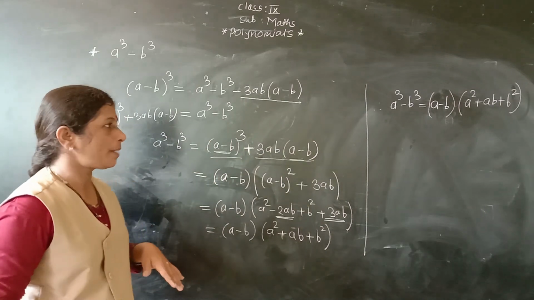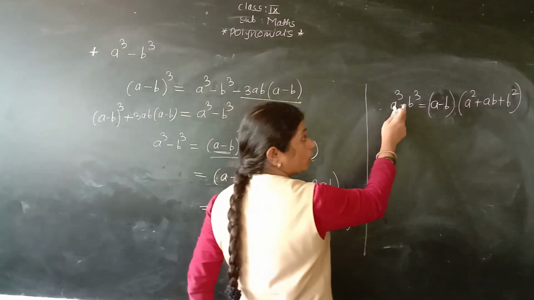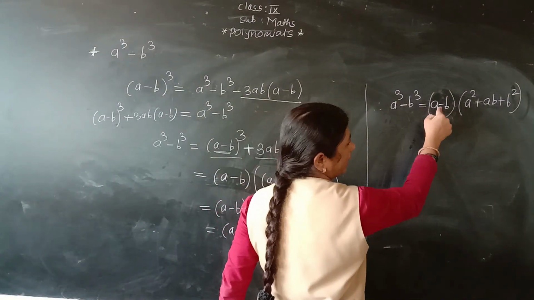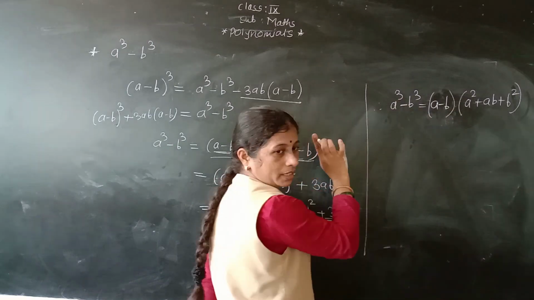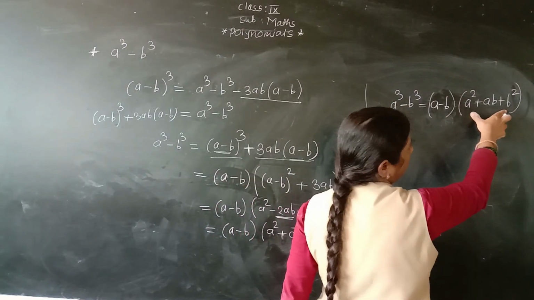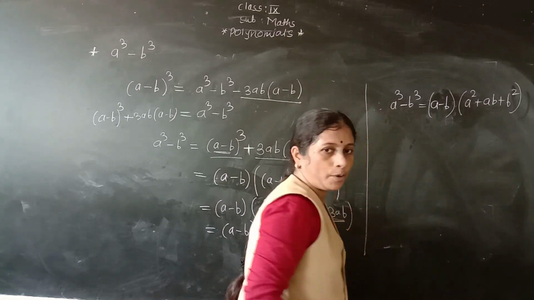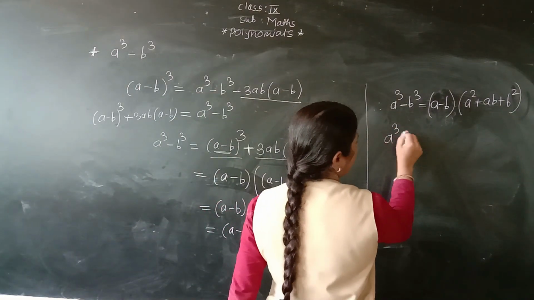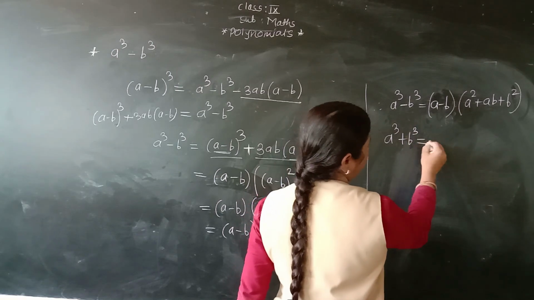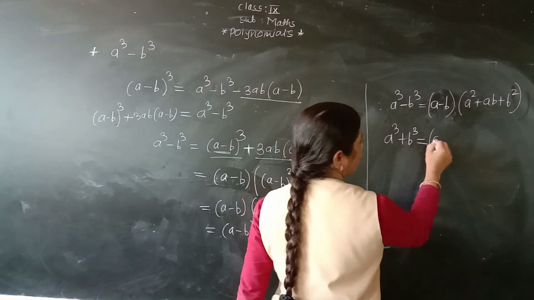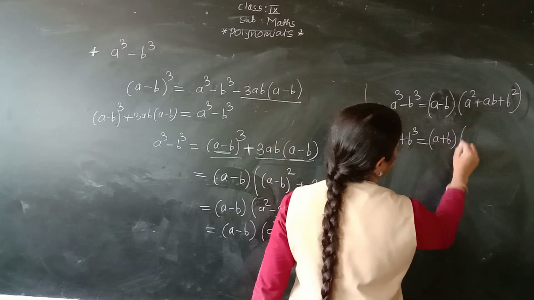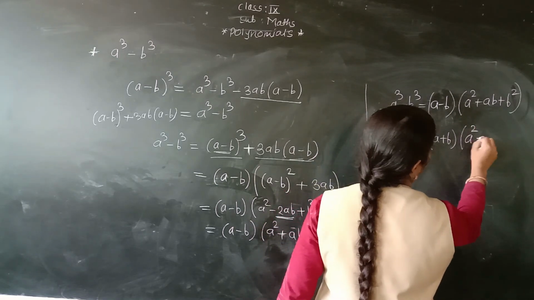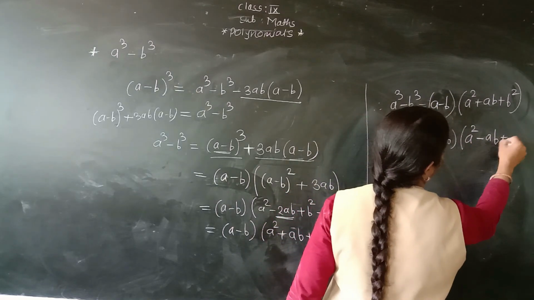How to keep this in mind: when it is a cube minus b cube, the first bracket is a minus b, and the second bracket a square plus ab plus b square, with all terms positive. And when it is a cube plus b cube, the first bracket is a plus b, and in the second bracket a square, only the middle term is negative, plus b square.